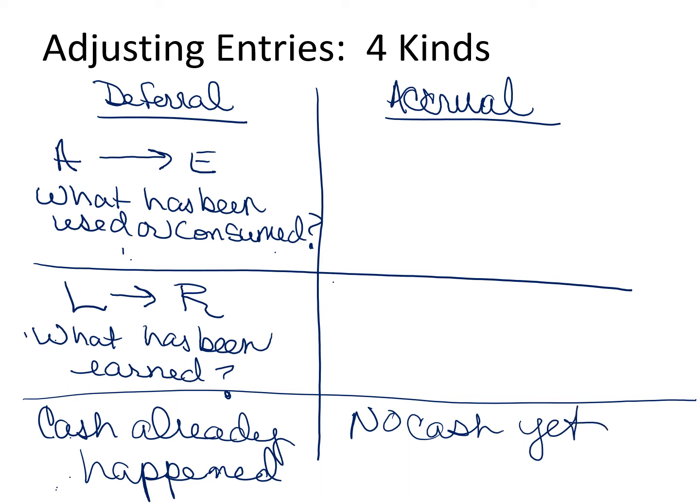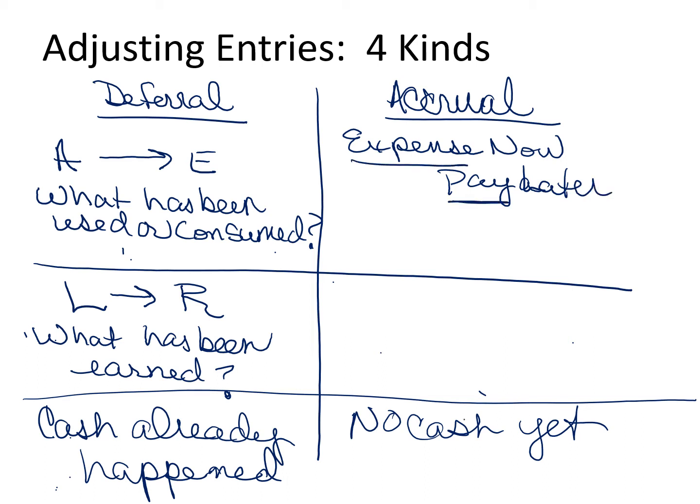So the first one is what I like to call expense now, pay later. And I like to call it expense now, pay later because it always debits an expense and credits a payable.